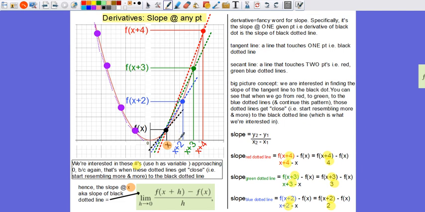You can go x plus 1, and then f of x plus 1, and then you can even keep going 0.9, f of 0.9, all the way until we want to see what happens when this number right here keeps shrinking and gets as close as possible to 0, which brings us basically to x, which comes as close as possible to x plus 0, or just x.